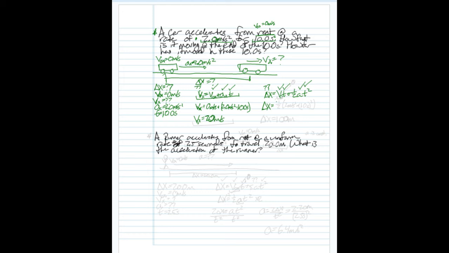A lot of times when I do these problems, if there's a variable that is equal to 0, I will cross it out. Because this v0 is 0, it doesn't matter what the time is, 0 times some time will always be 0. So it just falls out of the equation, leaving behind the 1/2 of my 2 meters per second squared times 10 seconds squared. 10 seconds squared, that's 100, times 2 multiplied by 1/2, gives me 100 meters.